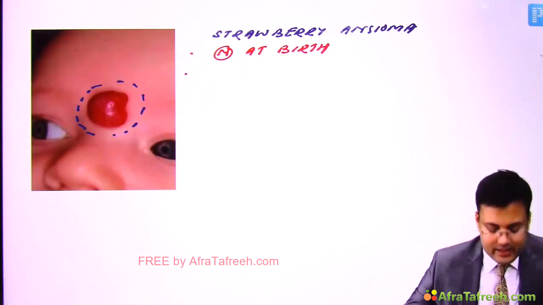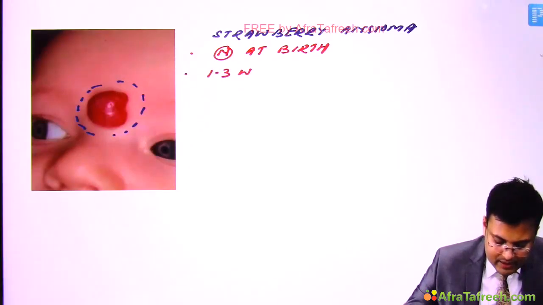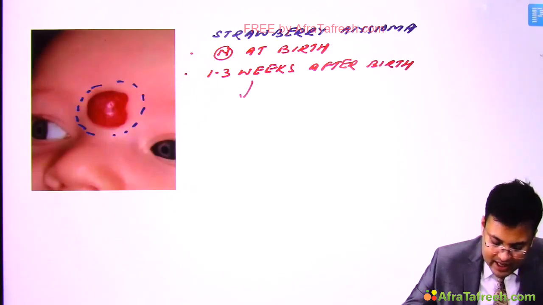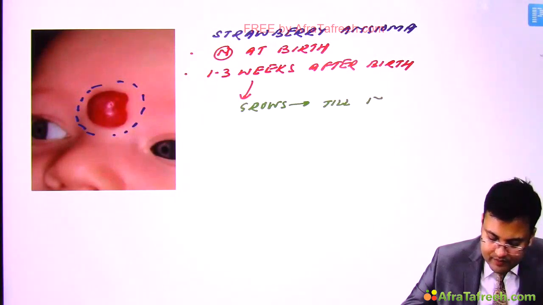So at what age does it appear? It appears by 1 to 3 weeks after birth, right? And it grows along with the child, till 1 year of age. Clear?